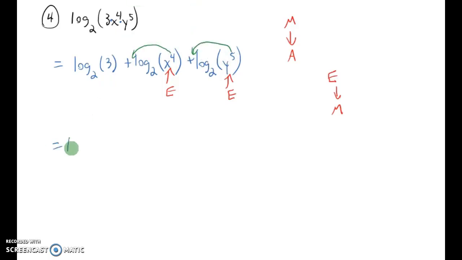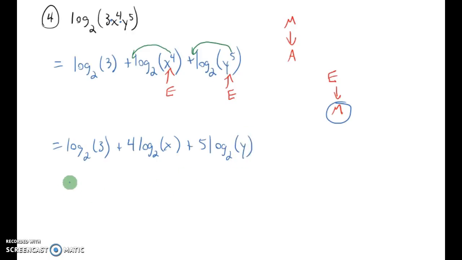So we end up with log base 2 of 3 plus 4 times log base 2 of x plus 5 times log base 2 of y. And since each log is just log base 2 of something very simple, we don't need parentheses around those arguments, 3, x and y.